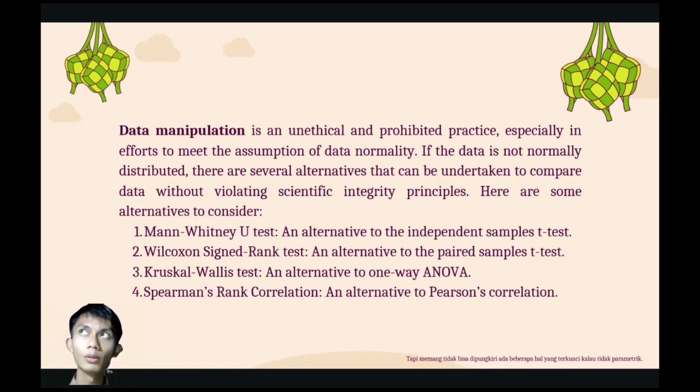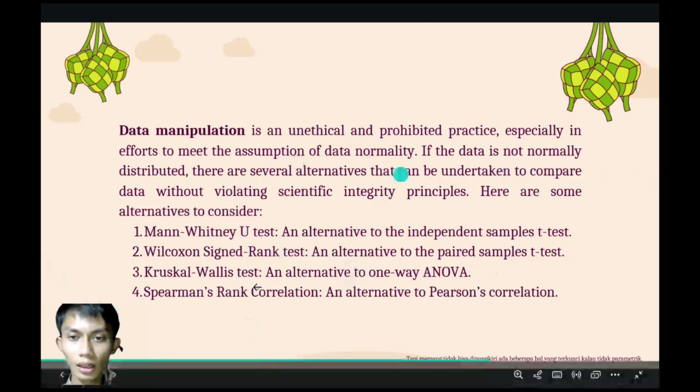If we are going to do the independent sample t-test, we can use the Mann-Whitney U test. This is an alternative for the independent sample t-test. There are some other alternatives we can use to test the statistics of the data if the data is not normal.